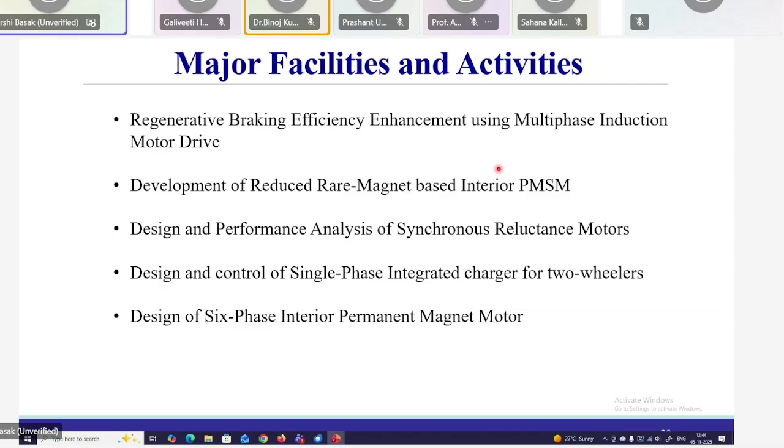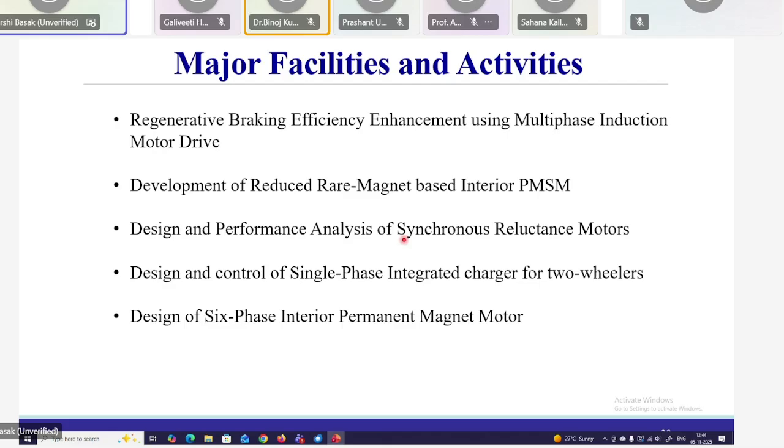Induction motor also is a rare earth free motor, because now there is a thrust to go for rare earth free technology, to improve the performance by modifying the rotor structure. We have designed this one. It is currently under testing phase. A 7.5 kilowatt synchronous reluctance motor has been built.